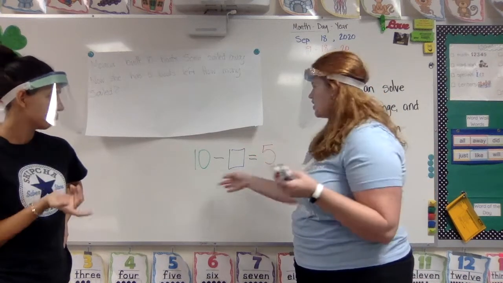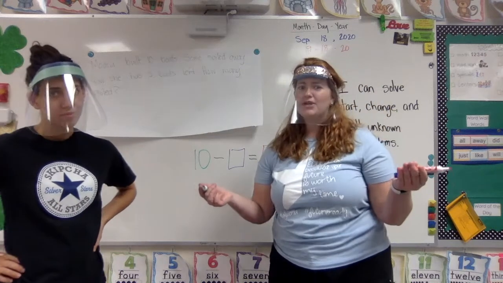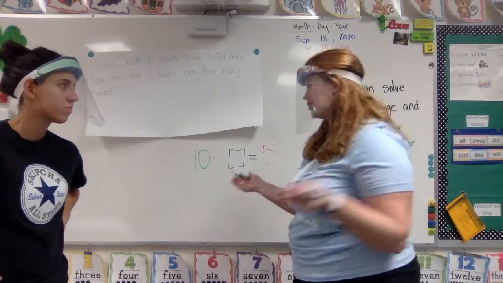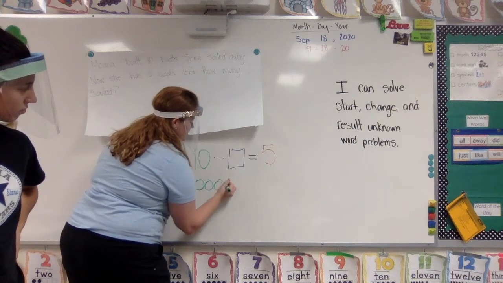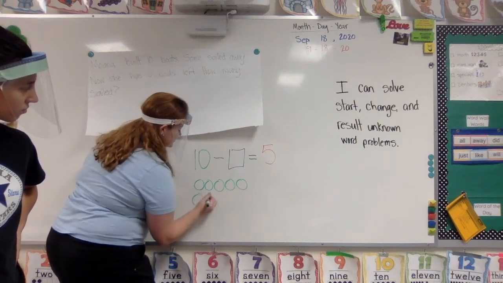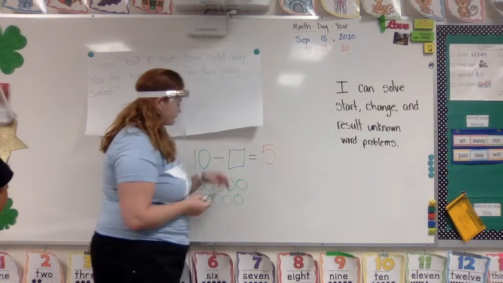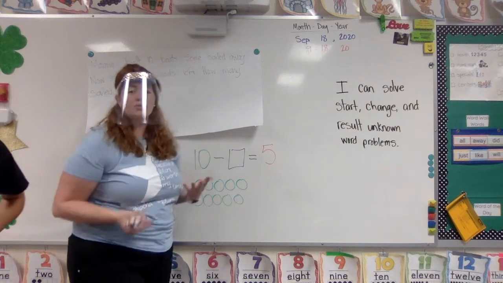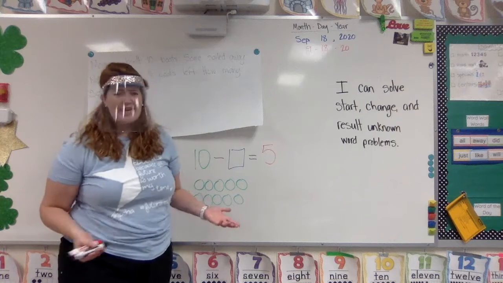Let me start with 10, right? She had 10 boats. A boat is really hard to draw, so I'm just going to draw circles. So I'm going to draw 10 circles. 1, 2, 3, 4, 5, 6, 7, 8, 9, 10. Some sailed away. So I need to cross some off, but I don't know what number that is.